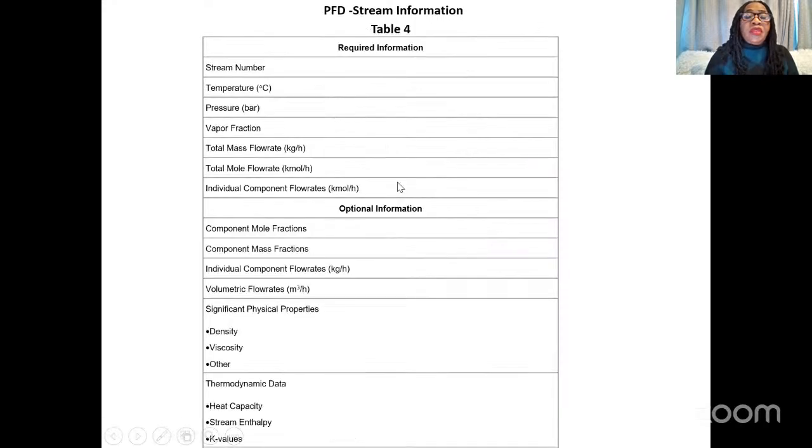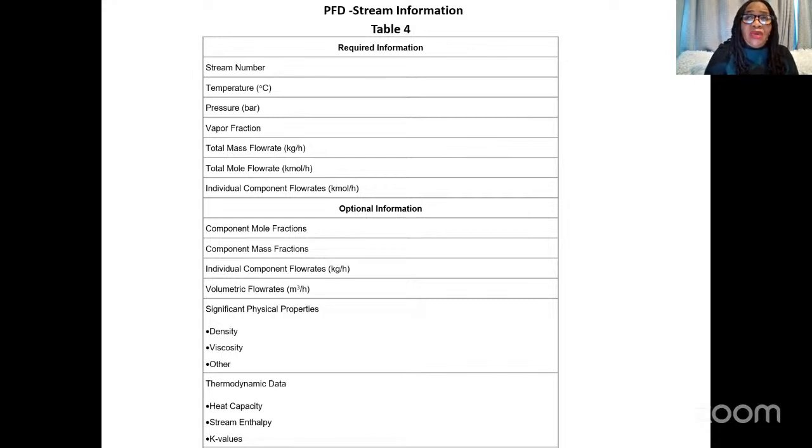Now we also have the required information. When you want to solve a problem, you need the stream number, you need temperature, it might be required, pressure, vapor fraction, and so on, total mass flow rate.